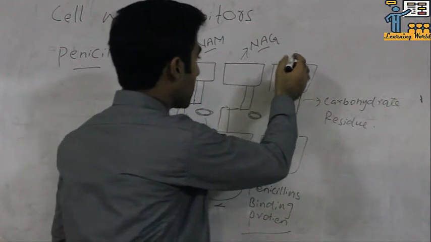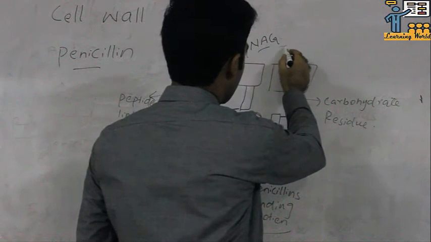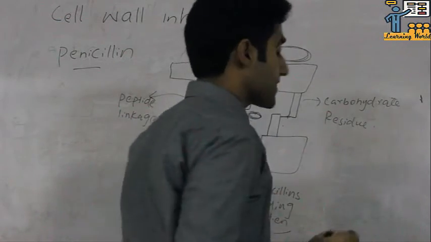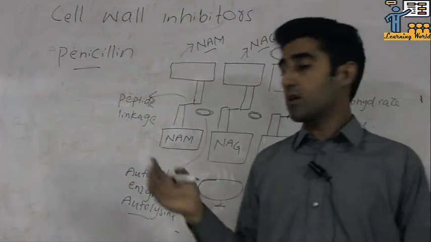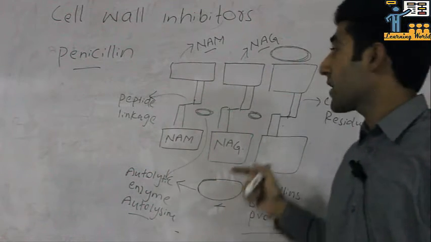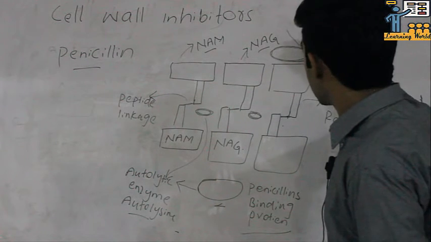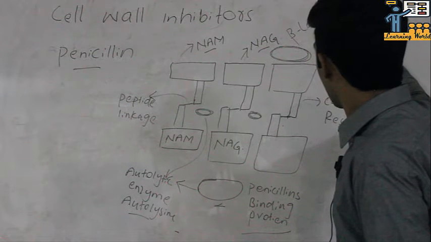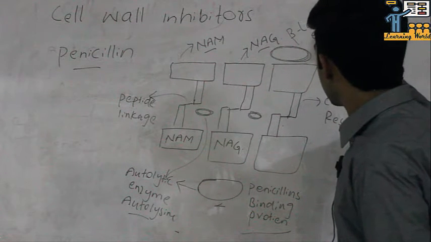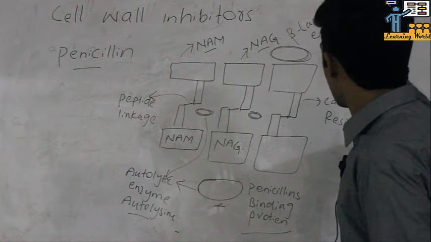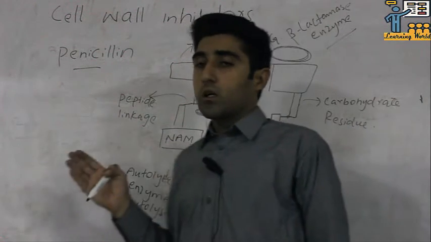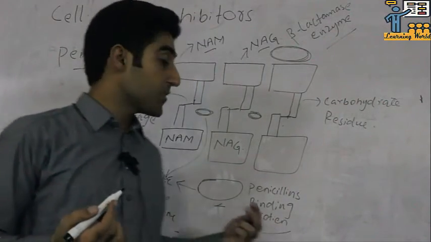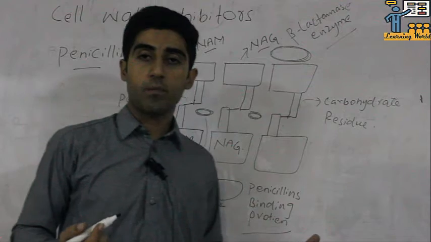Here another most important enzyme is present at the surface of this cell wall layer, which is called the beta lactamase enzyme. So the bacteria will also provide resistance against this penicillin, this beta lactam antibiotic.